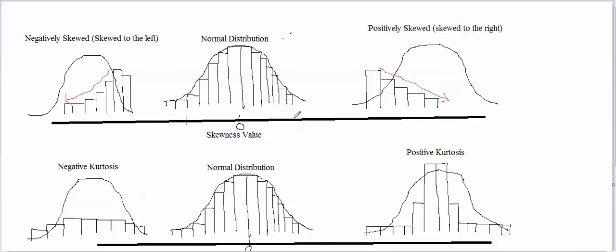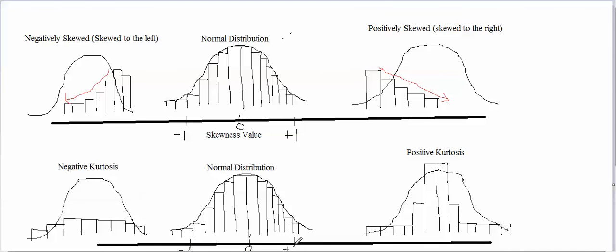And actually, if the skewness value and kurtosis value are both between -1 and +1, then you could say that the data is at least close to normal. That's the guideline that's used.